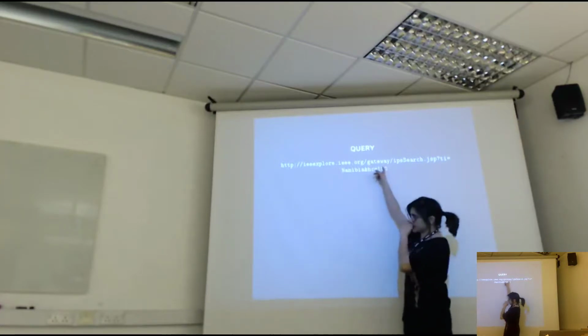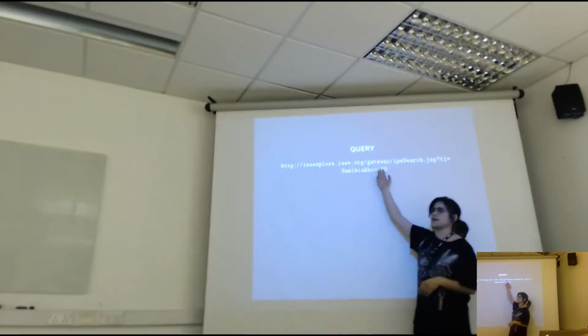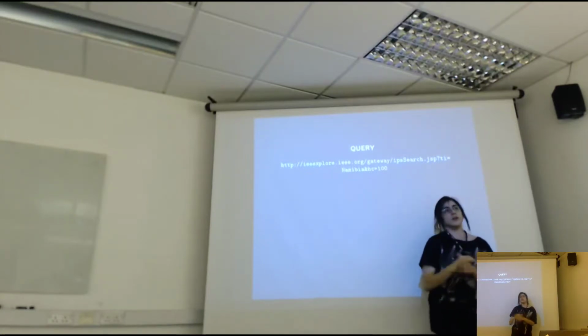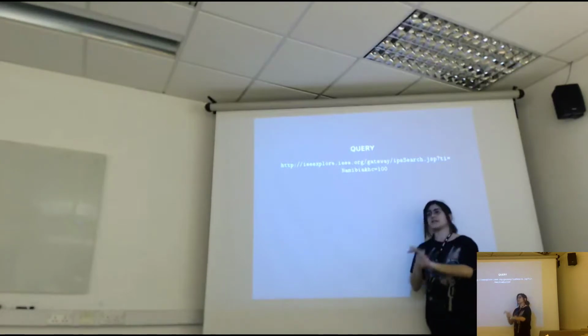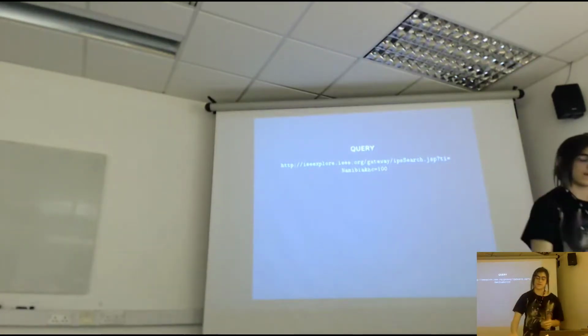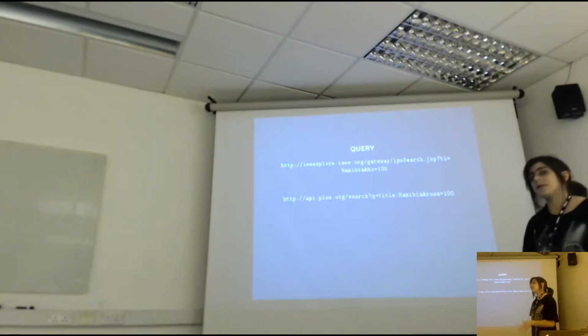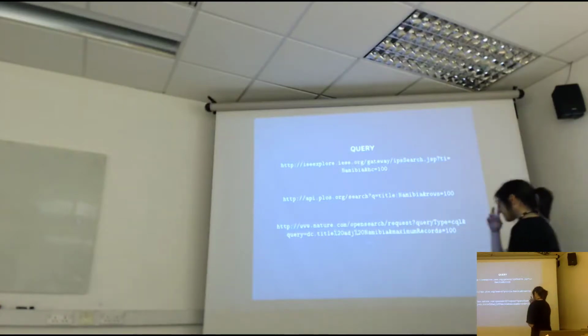It has the standard URL, and then I just say, okay, I want the title to be Namibia, and I want a number of 100. What this will return is not exactly the text, not the entire article itself, but the metadata of the article, which is the author, the year, and stuff like that. But there's not only one API, there are more APIs, and you can see that the APIs are different.